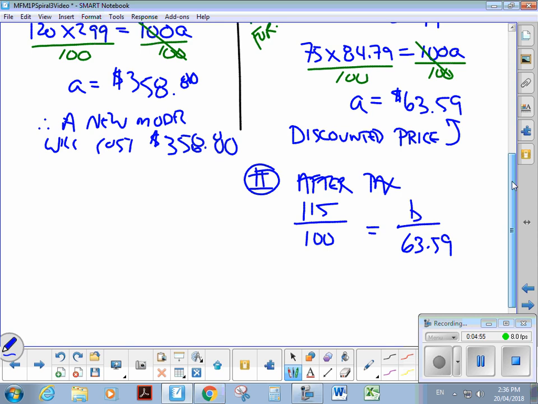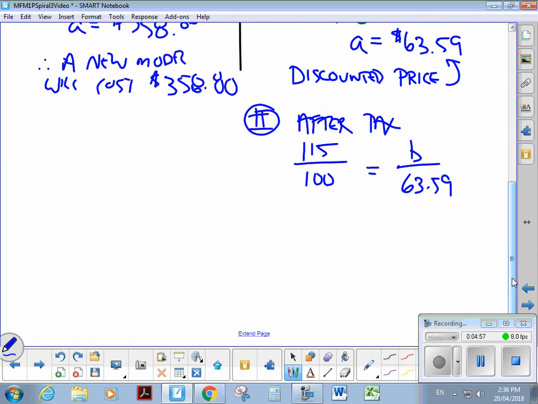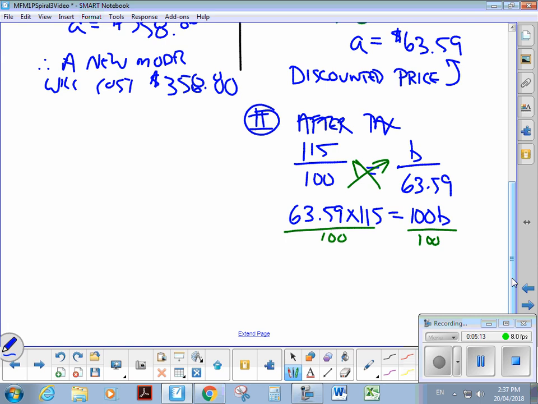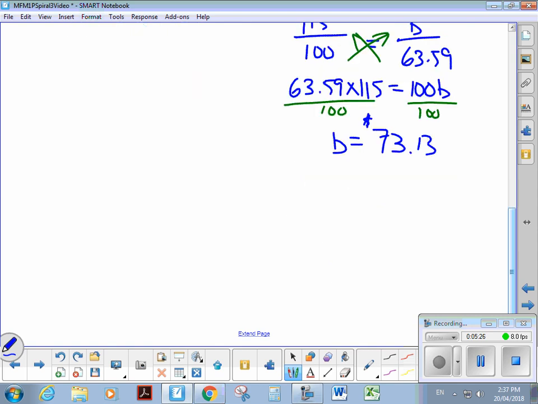So we need to find our value of B. So we want to find the final price after tax. So 63.59 times 115 equals 100B. Divide both sides by 100. And we find that our B value is 63.59 times 115 divided by 100, $73.13.